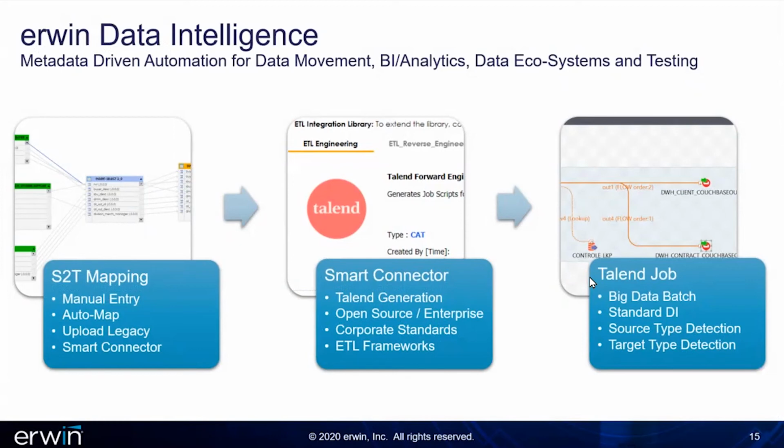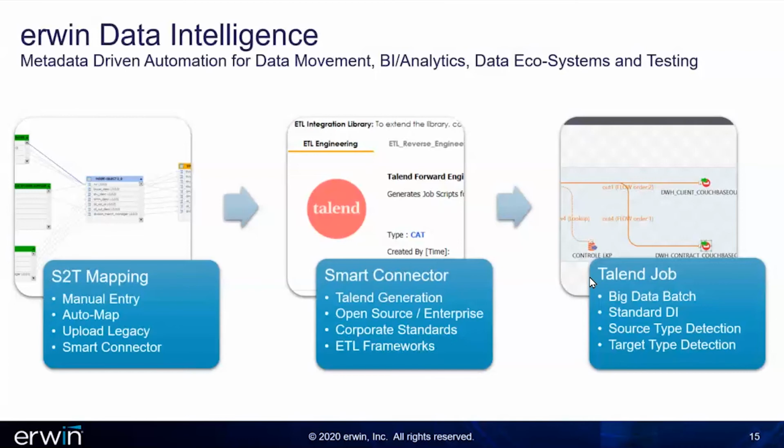So what we're looking at here is our mapping environment, where we can reverse engineer mappings from any type of technology that may be feeding your Couchbase instance. And in the case of a conversion, repoint that from the old legacy database to the new Couchbase environment and generate the code required to update that data movement process.